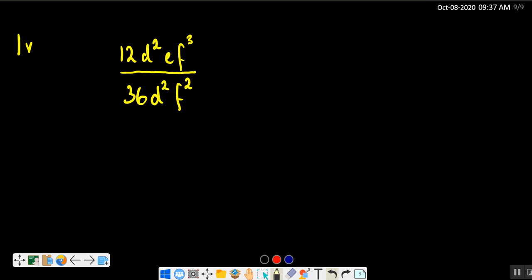Eventually, you'll say we don't need to bother with that. So the first step is to rewrite it as 12 multiplied by d to the power of 2, d squared, multiplied by e, multiplied by f to the power of 3.